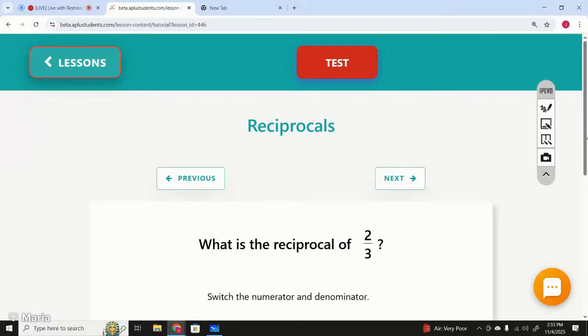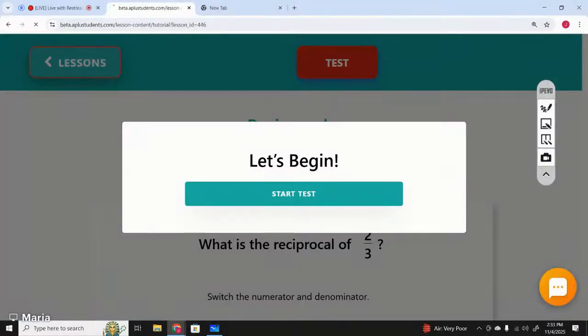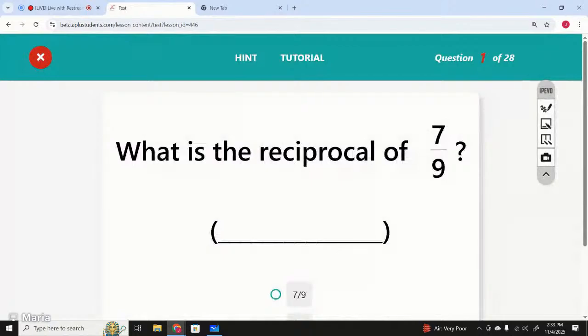Let's just start with the test questions. What is the reciprocal of 7 over 9?